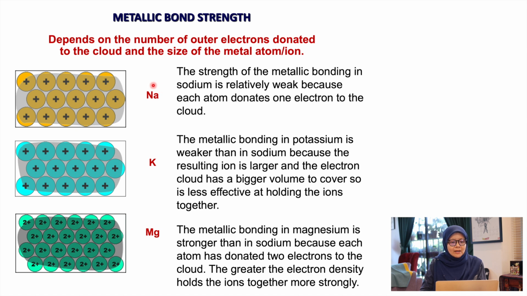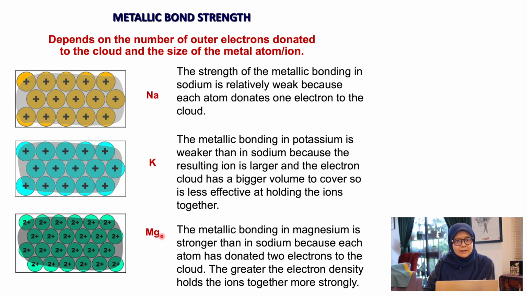Let's say we have sodium, potassium and also magnesium. The least strong metallic bond is sodium, the second strongest is potassium, while magnesium is the strongest among these three elements.